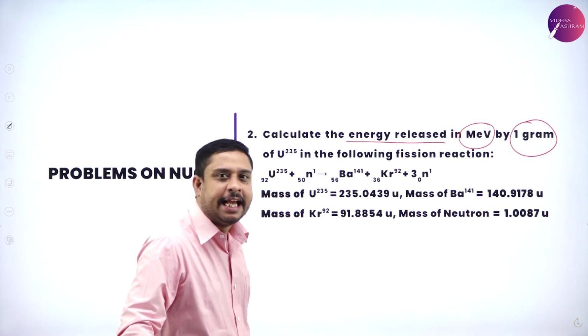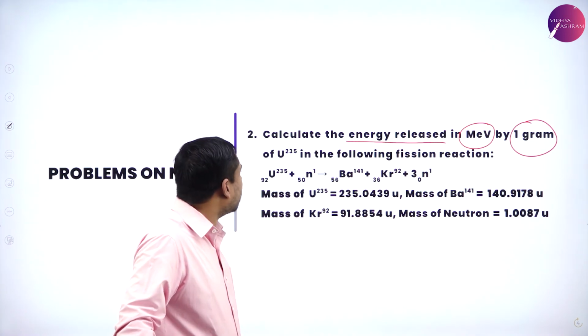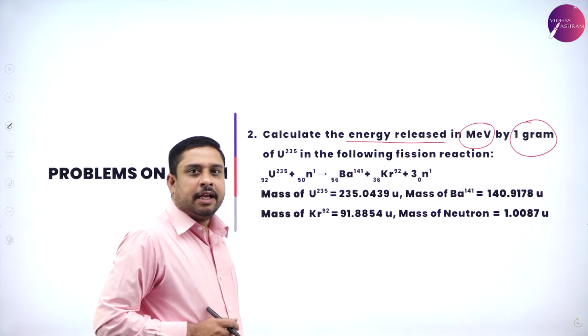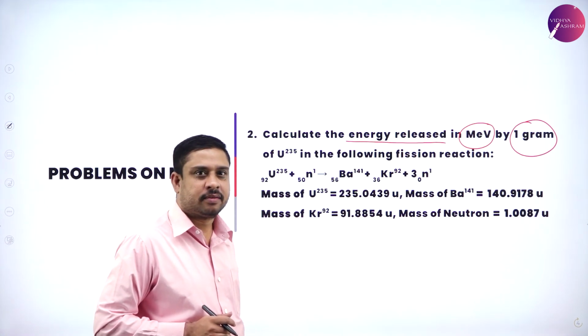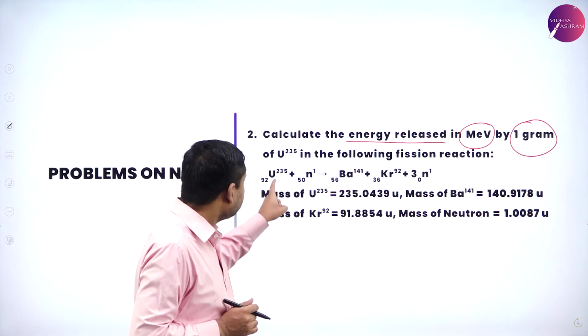Energy released by 1 gram of uranium-235 in the following fission reaction. A fission reaction is given.